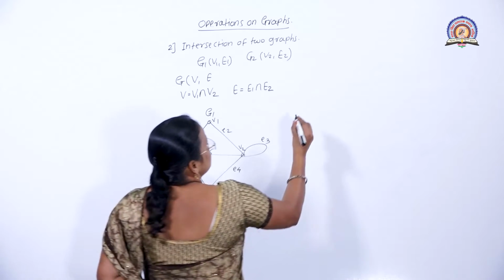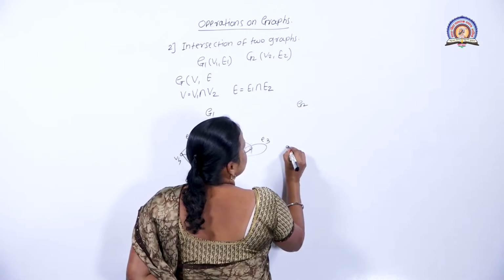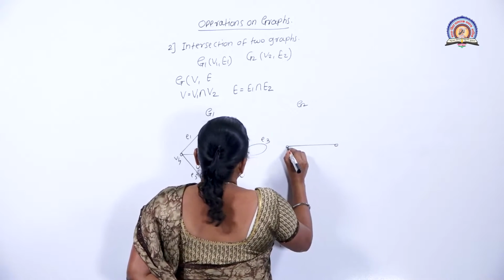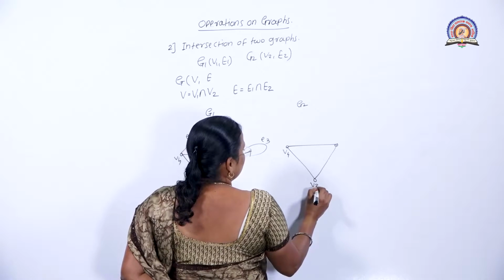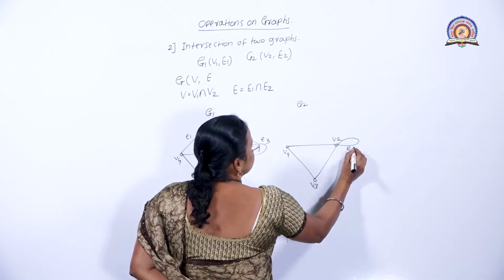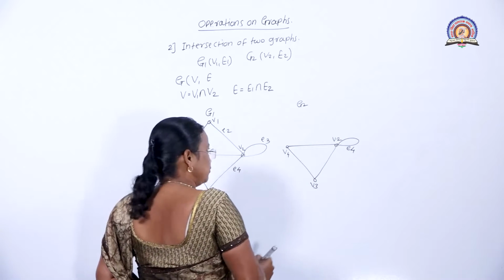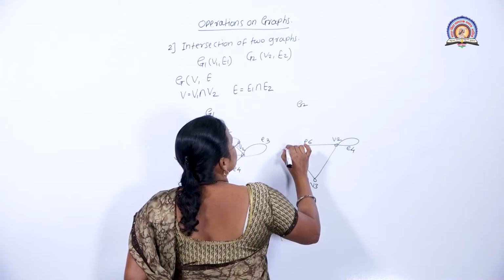Now suppose this is our graph G2, with vertices V4, V3, V2, and we denote an edge by E4, and this is our E6.